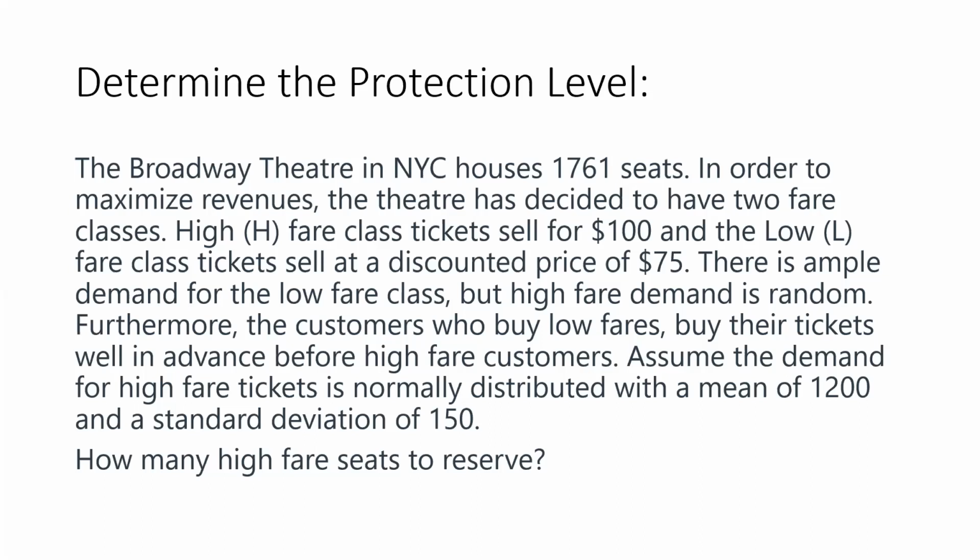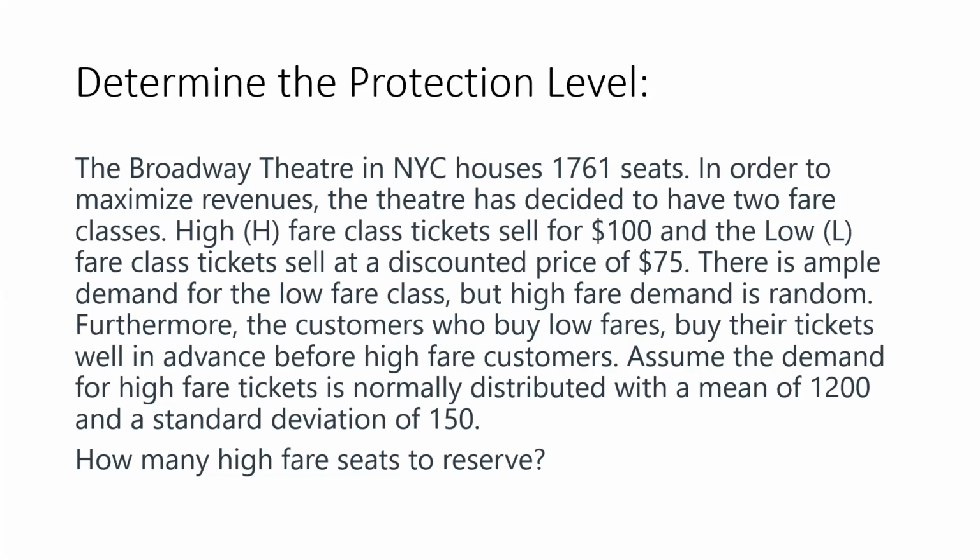There's ample demand for low fare classes, but high fare demand is random. Furthermore, the customers who buy low fares buy their tickets well in advance of the high fare customers. Assume the demand for high fare tickets is normally distributed with a mean of 1,200 and a standard deviation of 150. How many high fare seats to reserve?